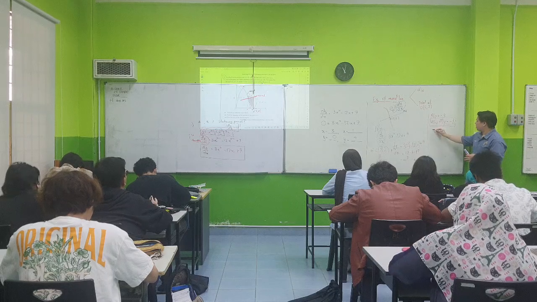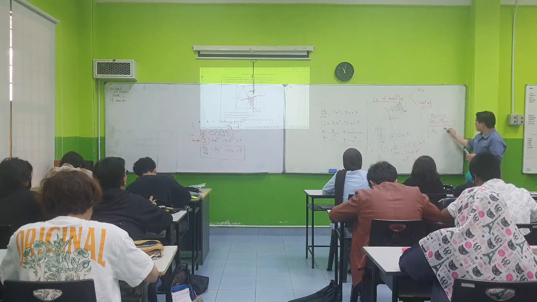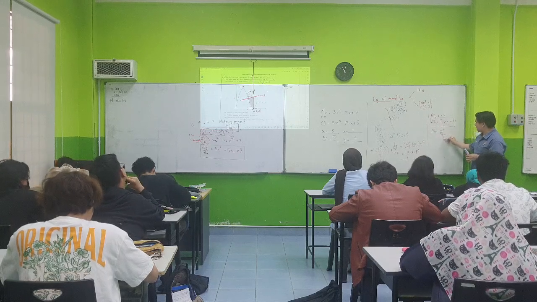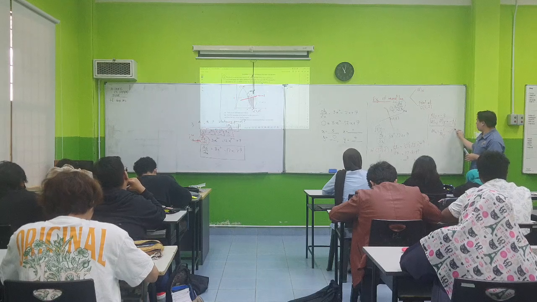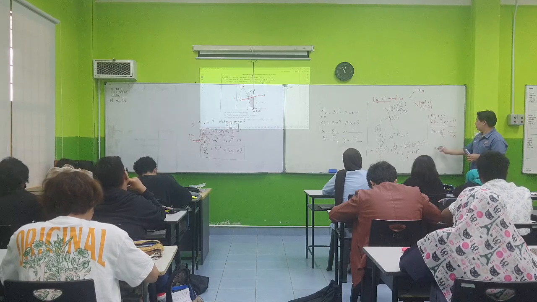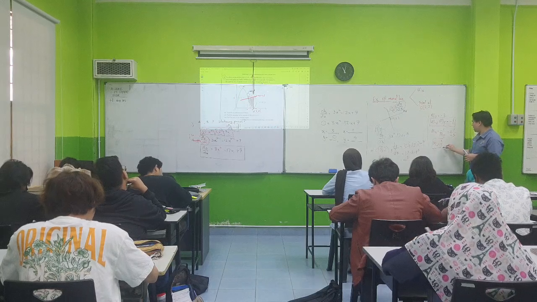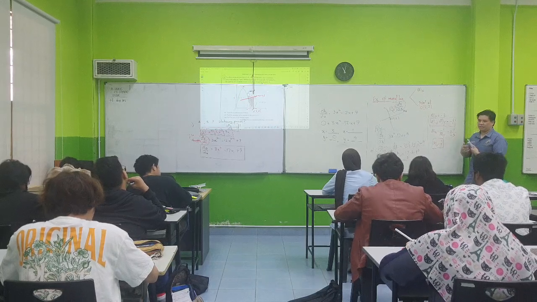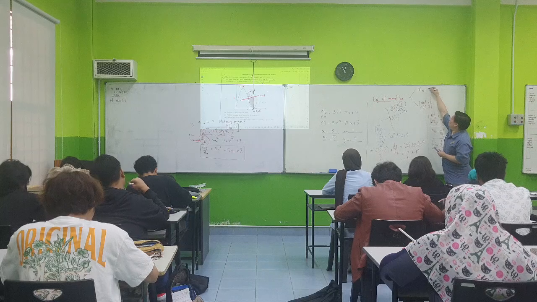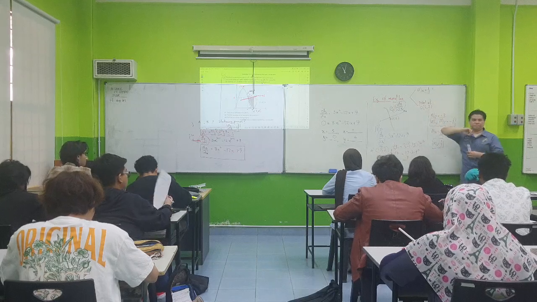So the gradient of the normal is negative 1 divided by the gradient of the tangent, negative 1 divided by negative 3. So the gradient of the normal is 1 over 3. Simple.